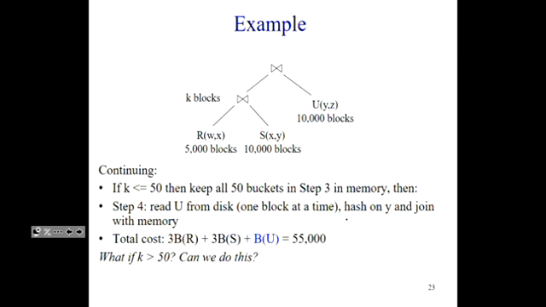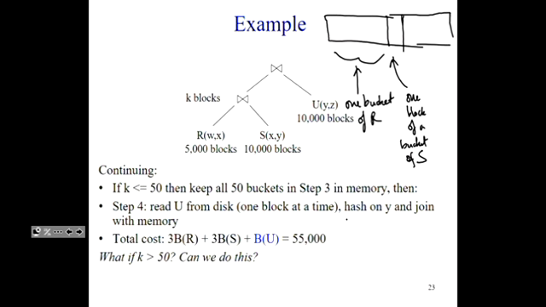So if K, the joined result, is less than 50 blocks, so whatever we had allocated for it, remember that we had 101 blocks. This was storing one bucket of R. This was storing one block of a bucket of S. And so this was 50, this was 50, this was 1.